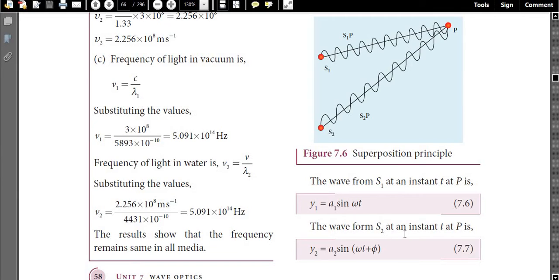The wave from S2 at an instant t at P is y2 is equal to a2 sin (omega t plus phi), because the two waves start from different places. So the phase difference between the two waves means sin (omega t plus phi). That is why y2 is equal to a2 sin (omega t plus phi).